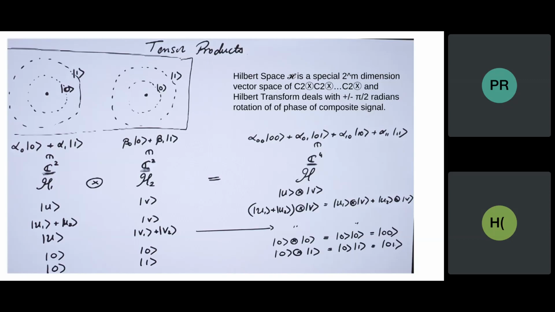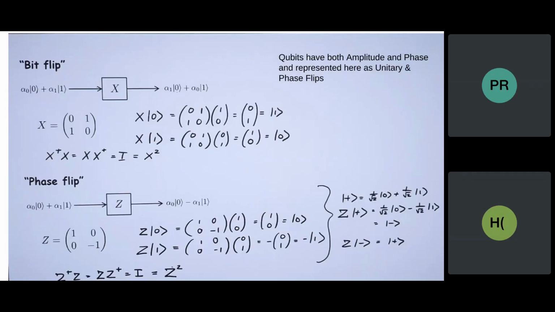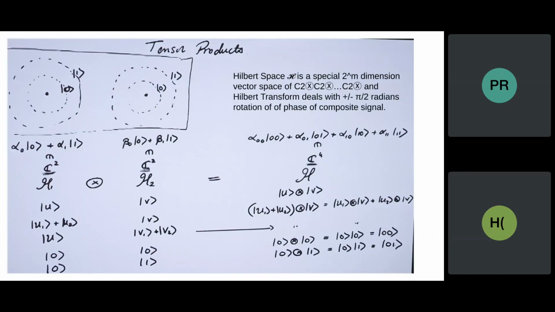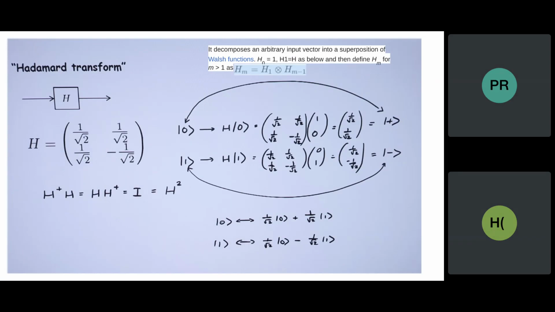Hilbert space deals with the rotational aspect of it, and the Hadamard, which we'll study, deals with a transformation which transforms the basis from one to another. In this case, we have seen the 0, 1 basis.